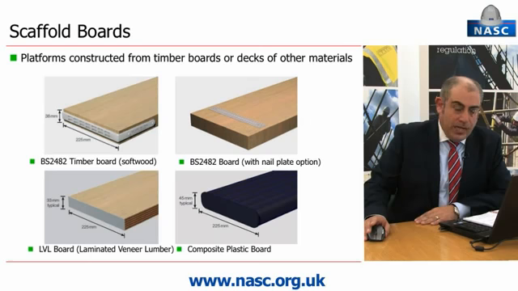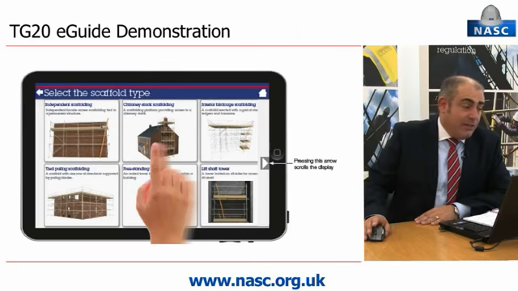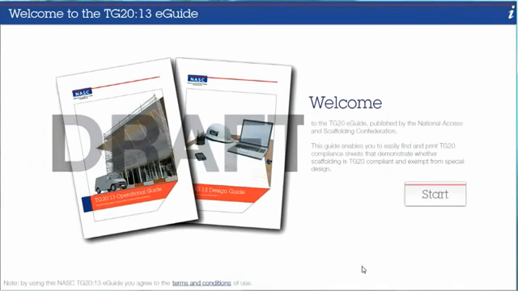They have the same loading capability and the same target spans as conventional scaffold boards for the transoms that support them. We're now going to have a short demonstration of the TG20 eGuide software.